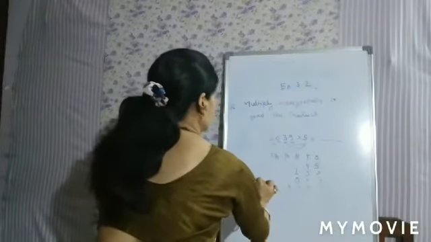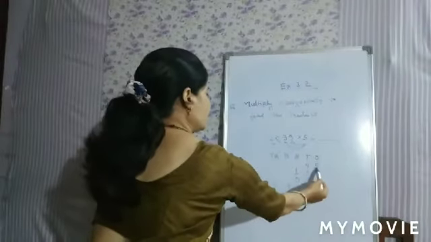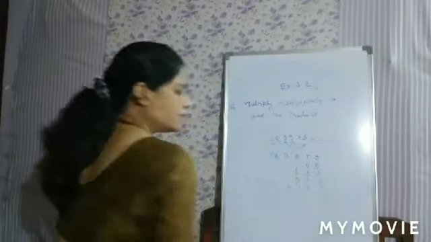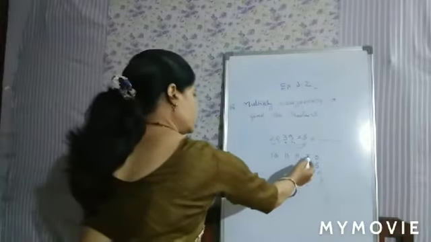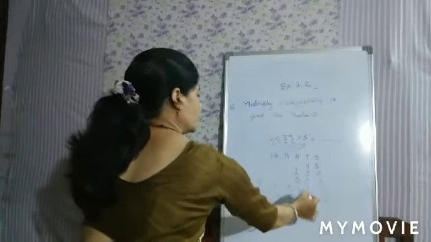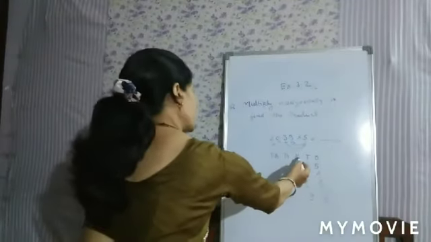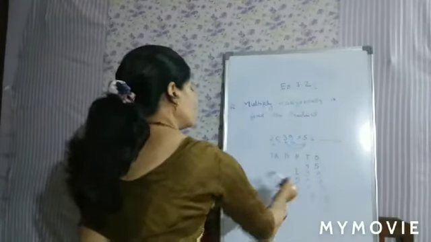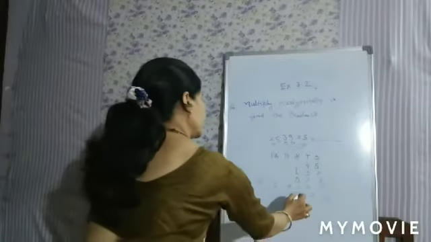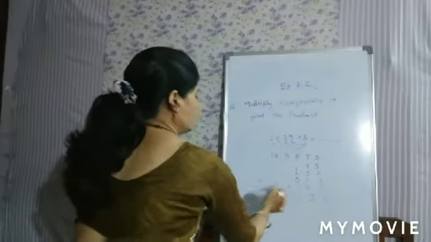Now you have to add all these numbers. In ones column you have only 5 here. So write 5 in the answer. In tens place you have 4 and 5. So 4 plus 5 will be 9. So write 9 in tens place. Then in 100 column you have 1 and 0. So write 1 in 100 column. Then in 1000 column you have only 0.